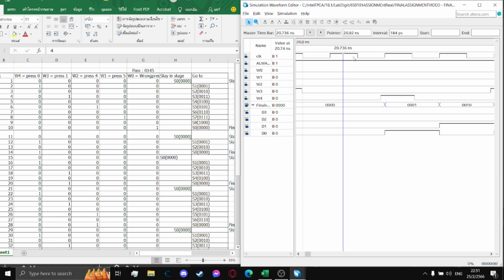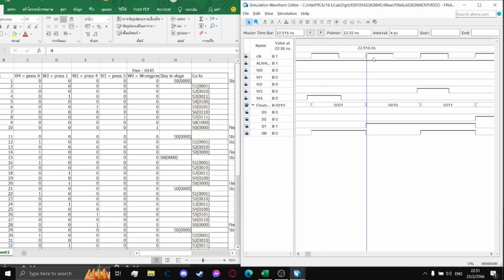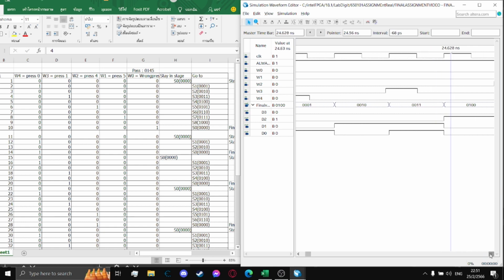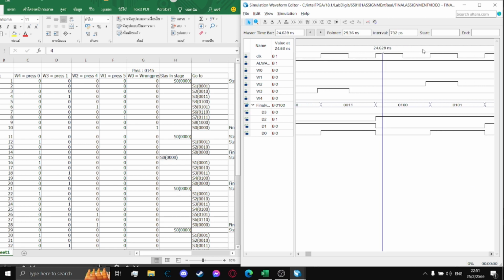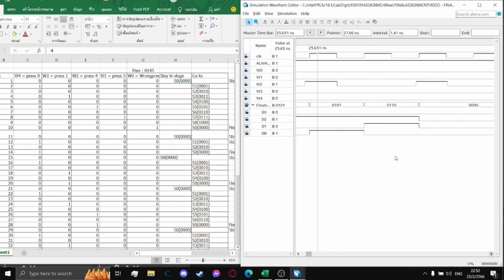Then we will go faster. 22, clock 22, got result like this. 23, 24, 25, 26, and 27.